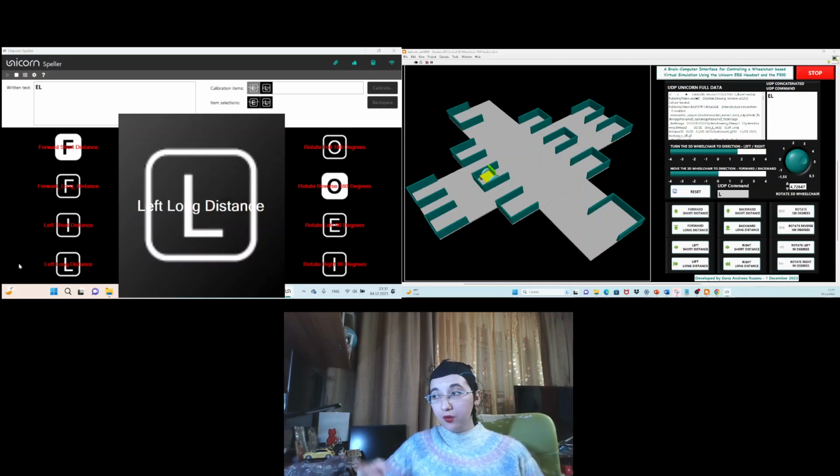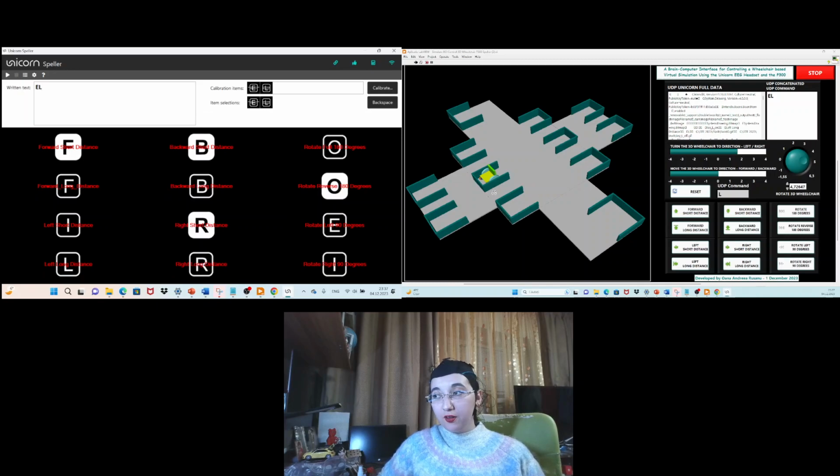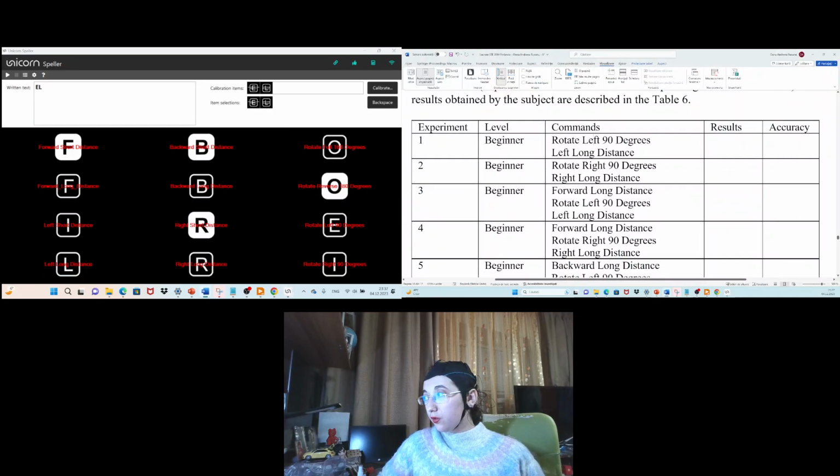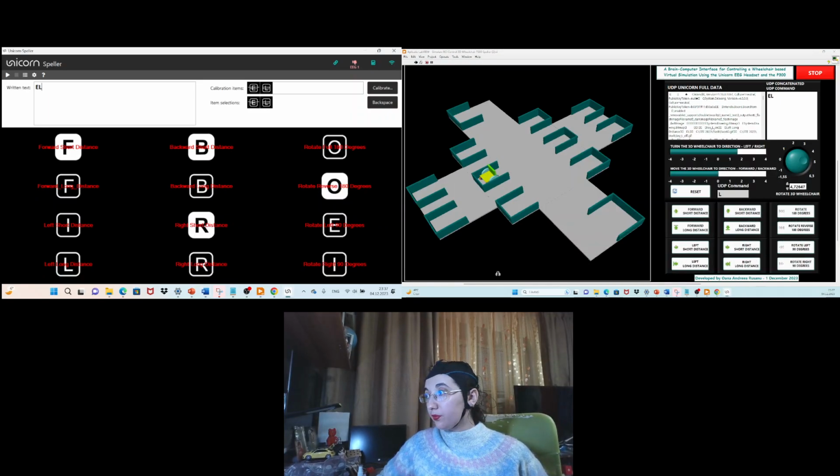So we can see that the 3D wheelchair reached the first position. So here we can add the results: pass and pass, and accuracy is 100%. Next.